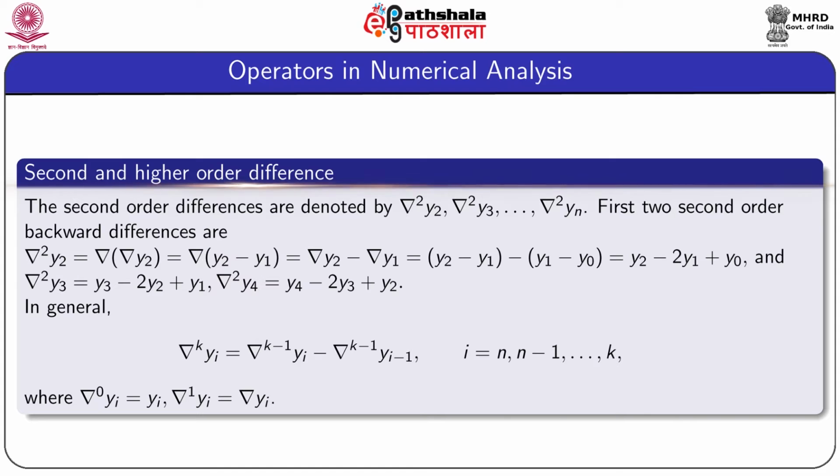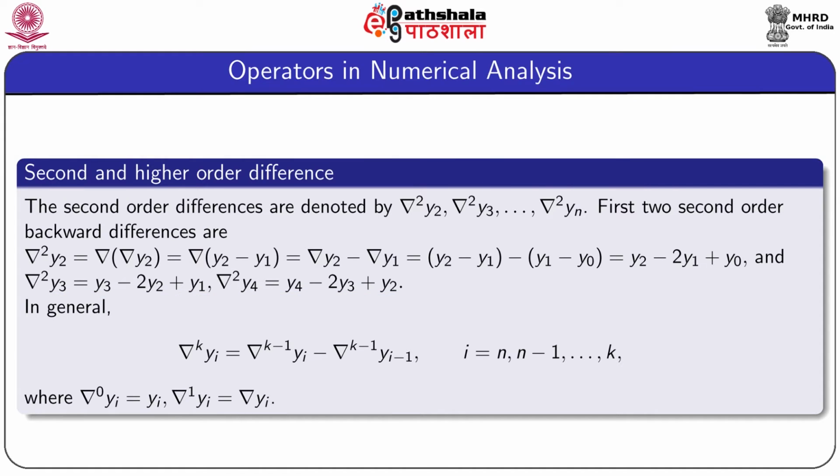The higher order backward differences are also defined here. Nabla^2 y_2 equals y_2 minus 2 y_1 plus y_0, and this is nothing but delta^2 y_0, and nabla^2 y_3 equals y_3 minus 2 y_2 plus y_1, this is equal to delta^2 y_1, and nabla^2 y_4 equals y_4 minus 2 y_3 plus y_2.